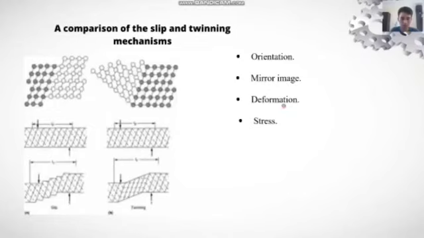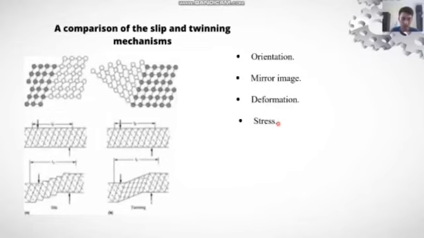3. Deformation. In slip, the deformation is non-homogeneous because it is concentrated in bands, while the metal adjacent to the bands is largely undeformed and unstressed. 4.